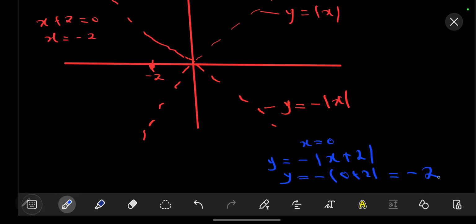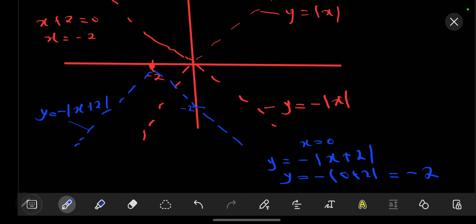Our y value will be equal to negative 2. So the graph will pass at negative 2, which is here. So we are going to have our graph to look like this. So this is our third graph, which is our y equals negative of the absolute value of x plus 2.